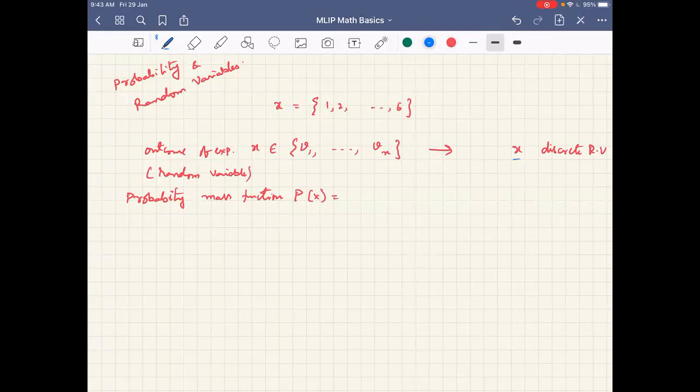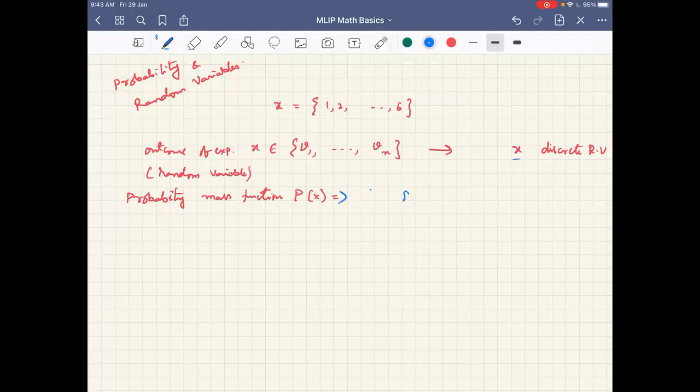Now let us say in this case we assume that the die is unbiased. Then how will the probability mass function look? It will be the same, 1/6, for all the possibilities. So it is uniform over all possible values.